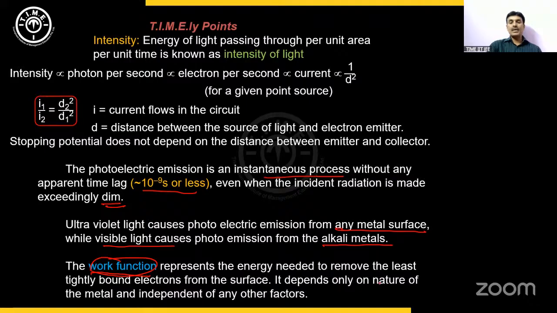It depends only on the nature of the metal and is independent of any other factors. Clearly remember, work function phi depends upon the nature of the metal. So different metals will have different work functions. Work function is purely dependent on the nature of the metal. Understood?